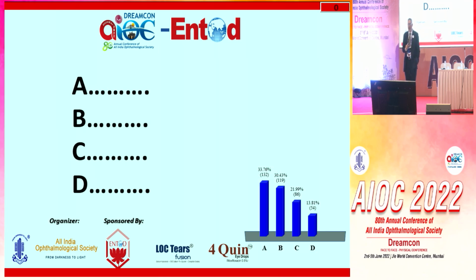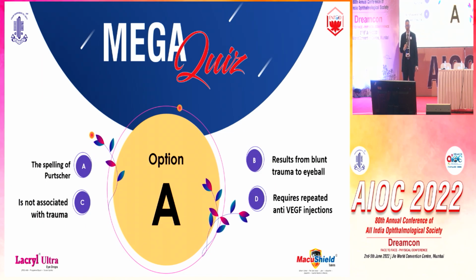And in descending order, the answers were A, B, C, and D. We could put a nice line graph there, and the correct answer is option A. The spelling of Purtscher is correct. Next, it doesn't have to be associated with trauma. You can get it without trauma.